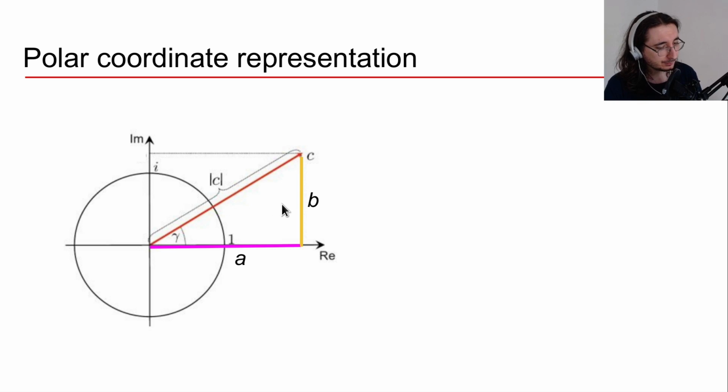Now, as you can see, this is a right-angled triangle because we have a right angle here, and given we know a and b, because a is the coordinate for the real part and b is the coordinate for the imaginary part of the number, we can easily get the hypotenuse of this triangle by using the Pythagorean theorem.